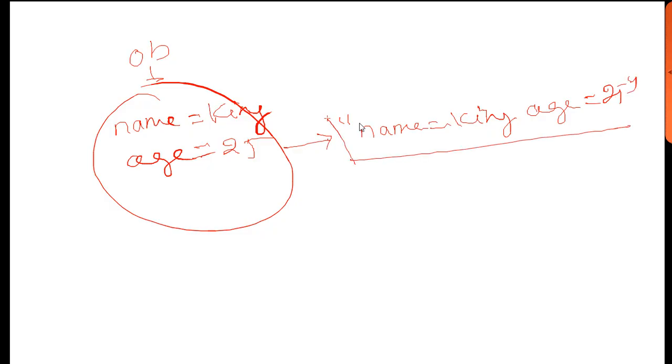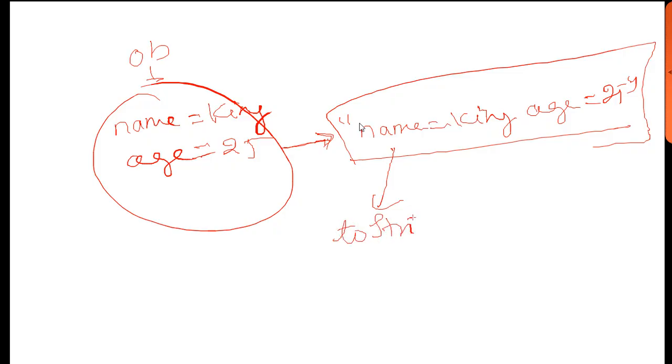If you want to convert this object content into a string and return this particular value, then you can use the toString method. So the toString method can be used to convert object content into a string and return it.